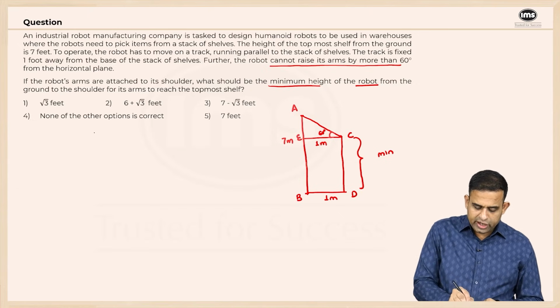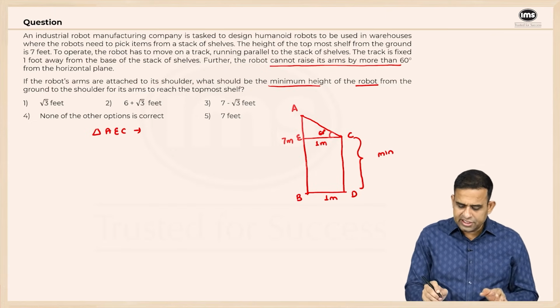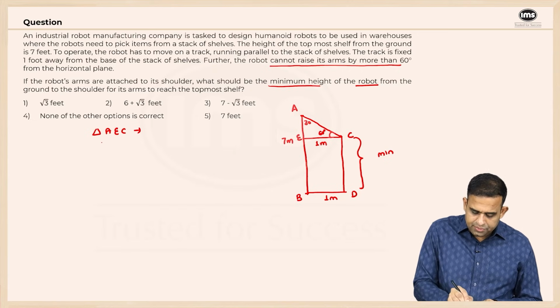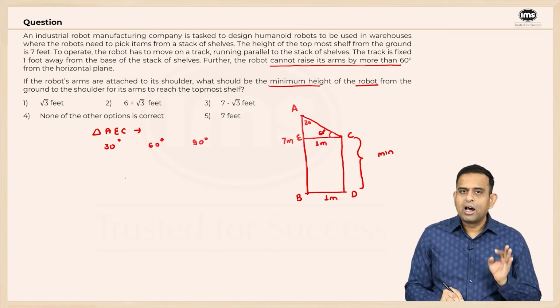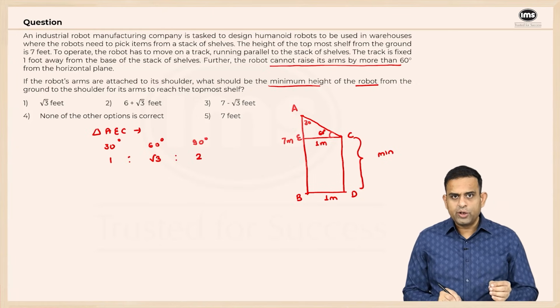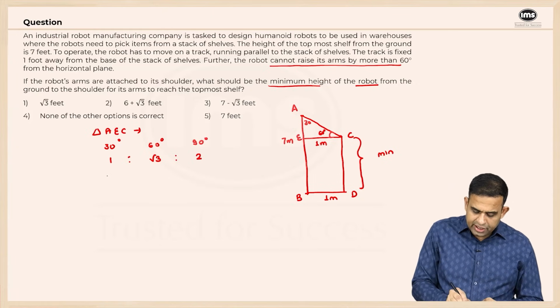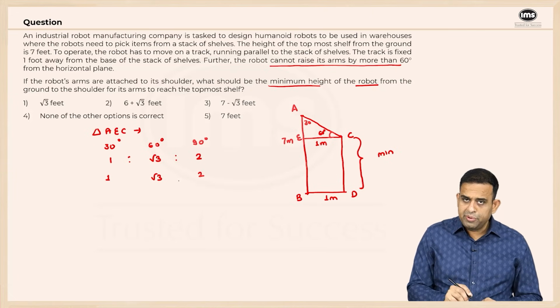Now understand, if you look at this triangle AEC, it happens to be a very special triangle, a 30, 60, 90 triangle. And we know in a 30, 60, 90 triangle, the sides opposite to them are always in the ratio of 1 is to root 3 is to 2. So here, in front of 30 degrees, if I have 1, then in front of 60 degrees, it has to be root 3. In front of 90, it must be equal to 2.